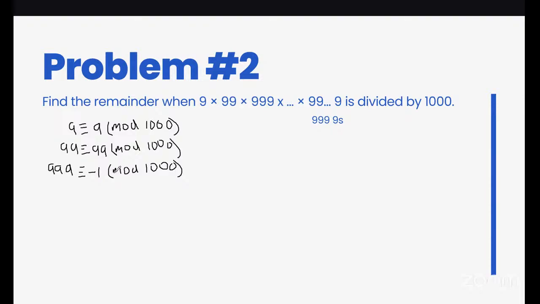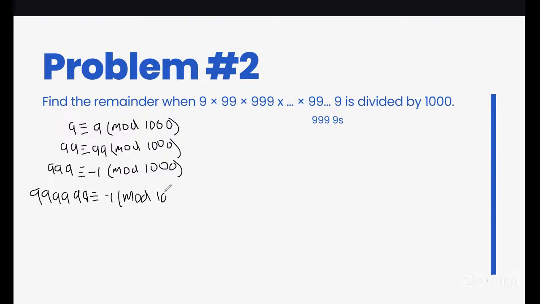So it'd be 1 less. And if we had quite a few 9s, it would just repeat that. So it would still just be -1 mod 1,000.